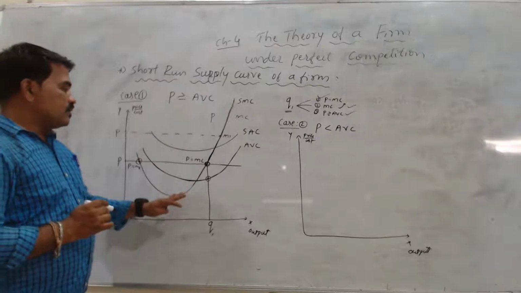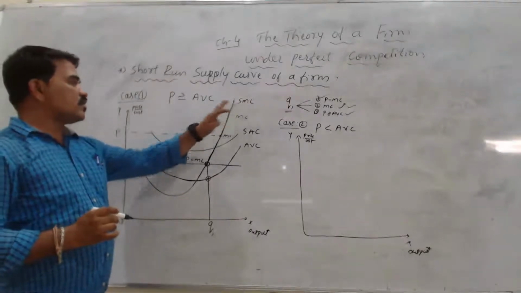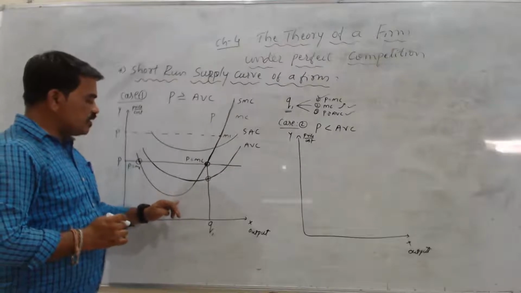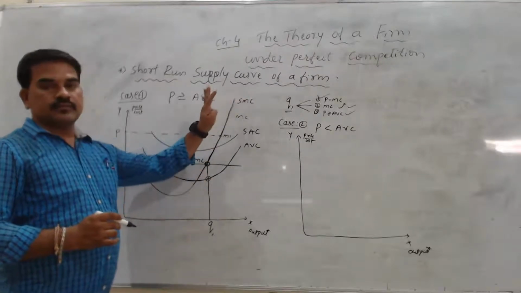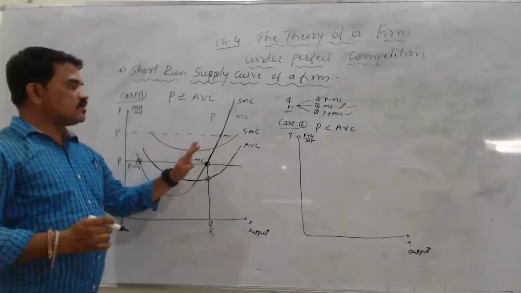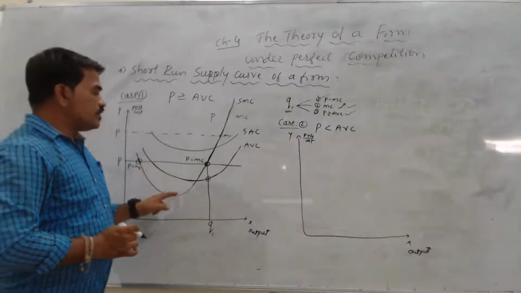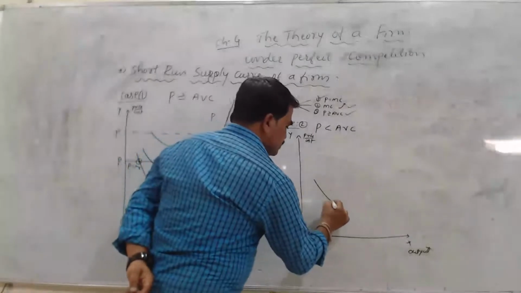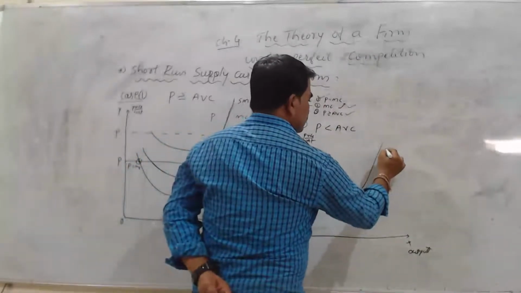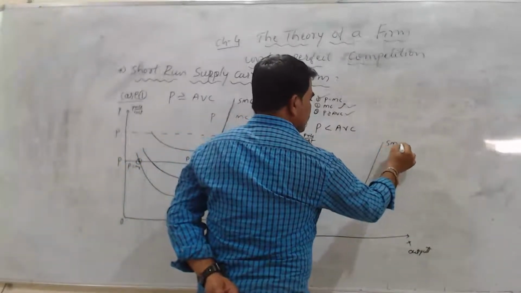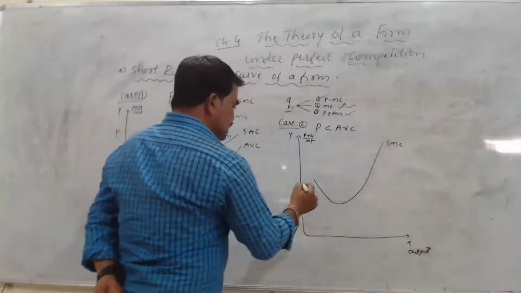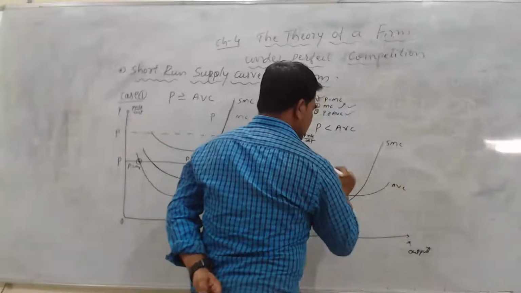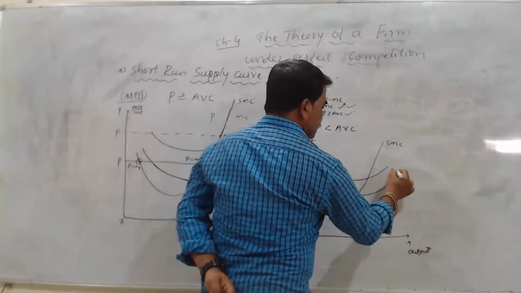Here also the marginal cost initially starts decreasing and after some point it starts increasing. This is how these three curves behave. So we will take these three curves here. First one is the short-term marginal cost, second one is average variable cost, and third one is short-term average cost.